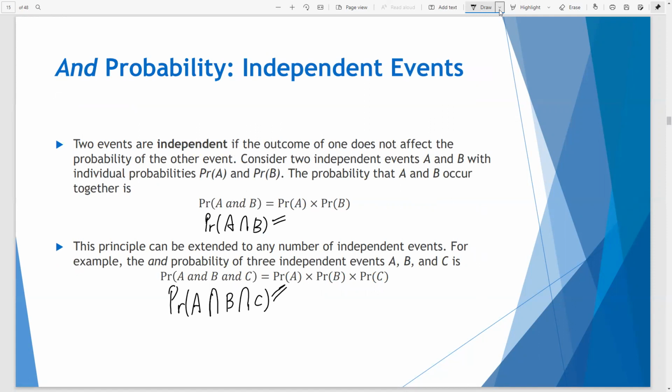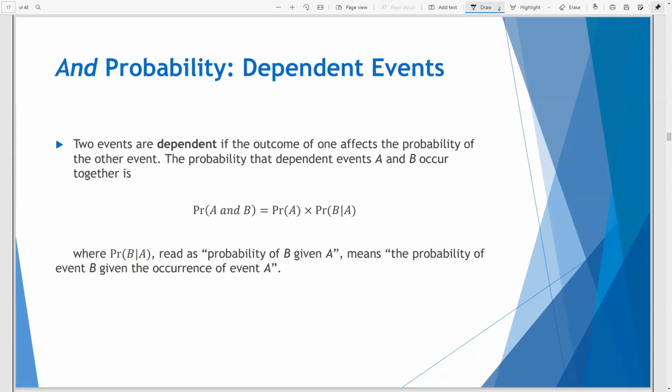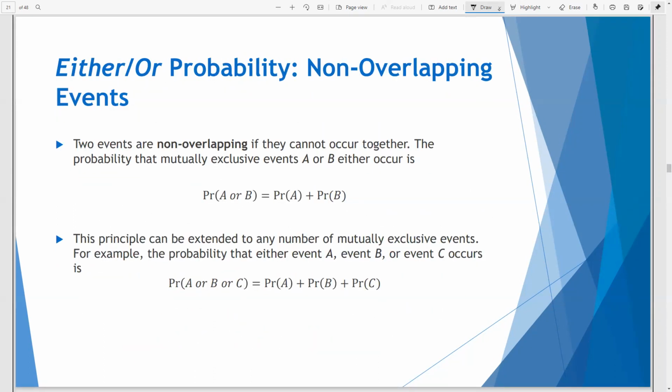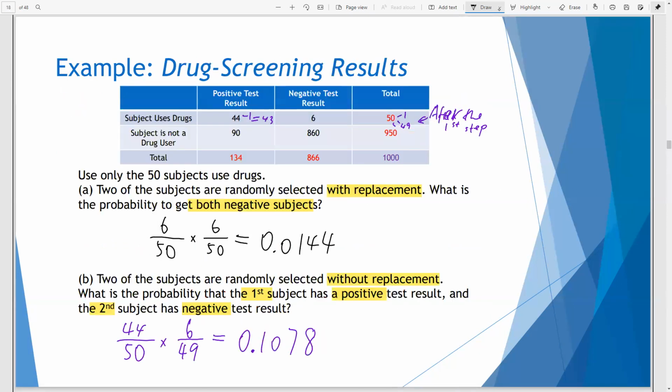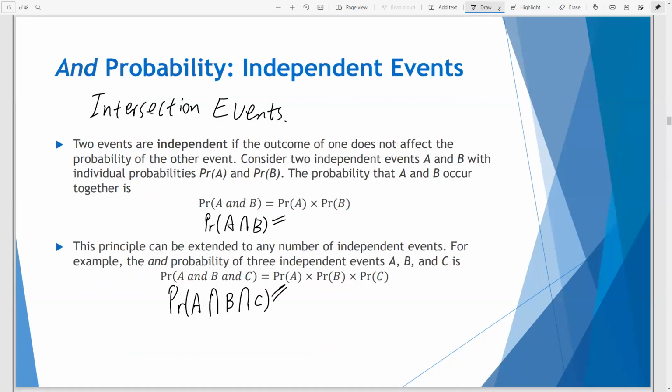That is called the intersection of events. Intersection is written as the upside down U. And either-or, that's the union of events.